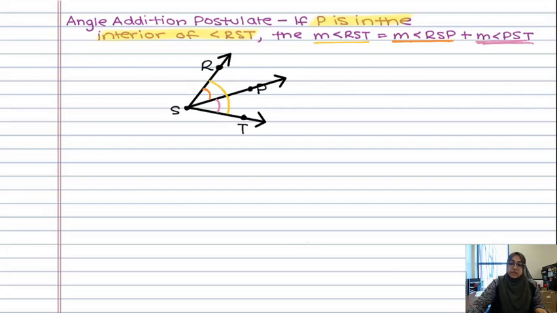Okay, so hopefully drawing out the diagram makes a little bit more sense. And it's the same thing like segment addition postulate. This is angle addition postulate. The sum of two adjacent angles creates that whole angle right there.